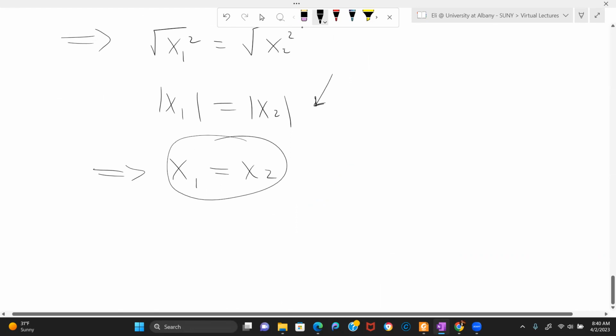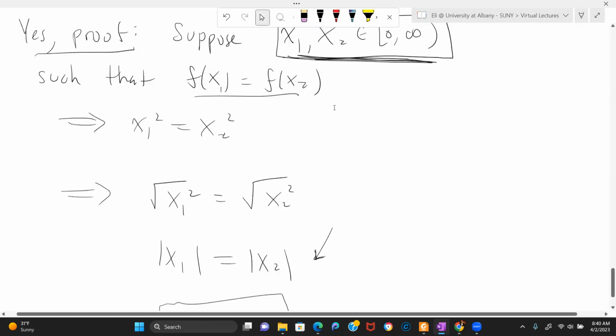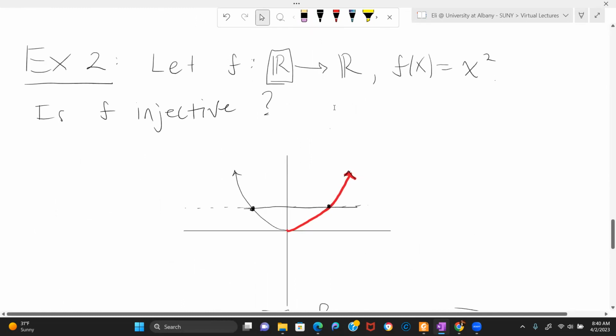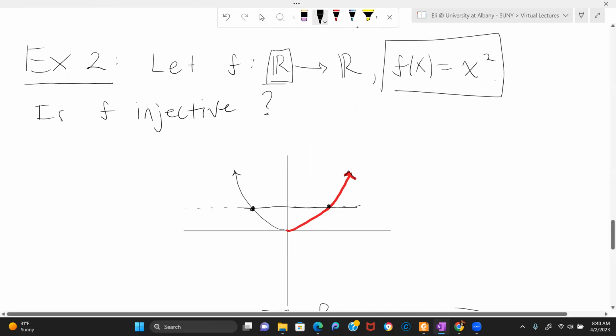For example, -1 and 1 have the same absolute value. But because x1 and x2 are non-negative numbers, they are equal to their own absolute value, and you can conclude this right here. So the point I'm trying to make is that when you ask whether a function is injective or not, it's not a matter of just what is the rule, but what is the domain.